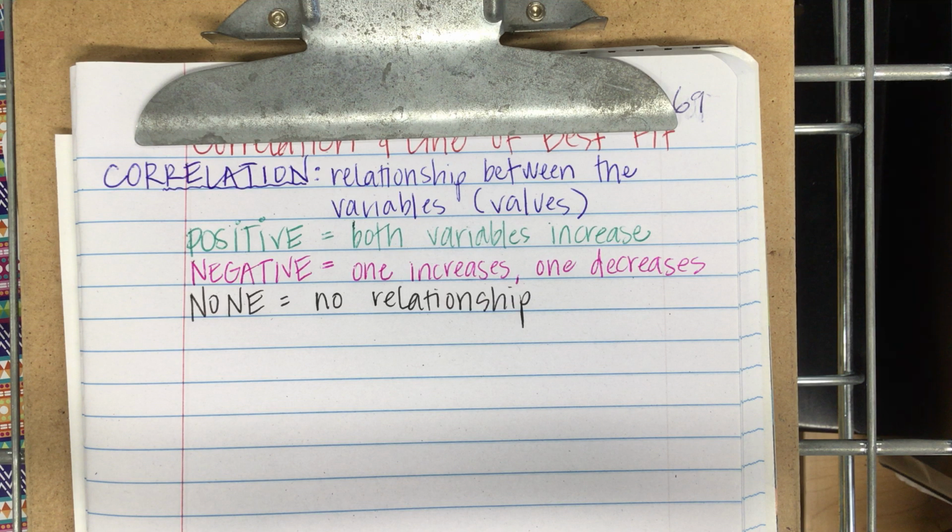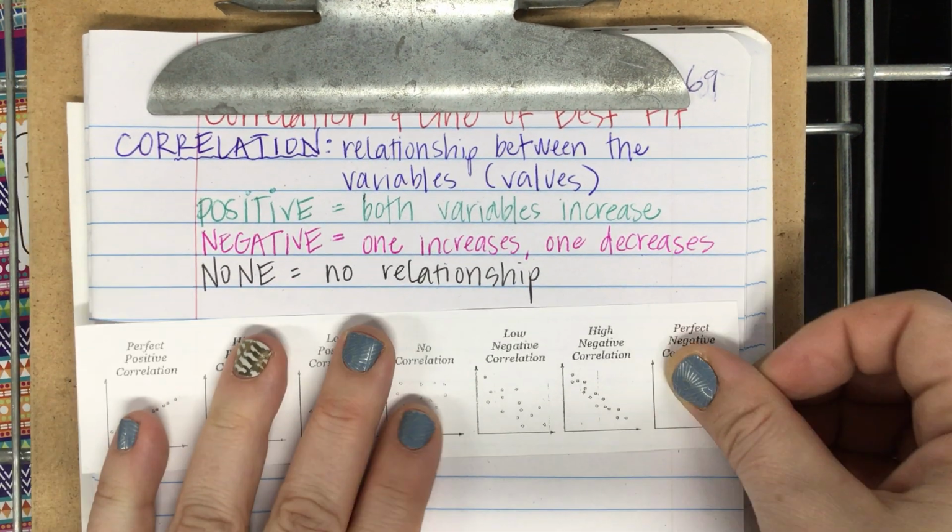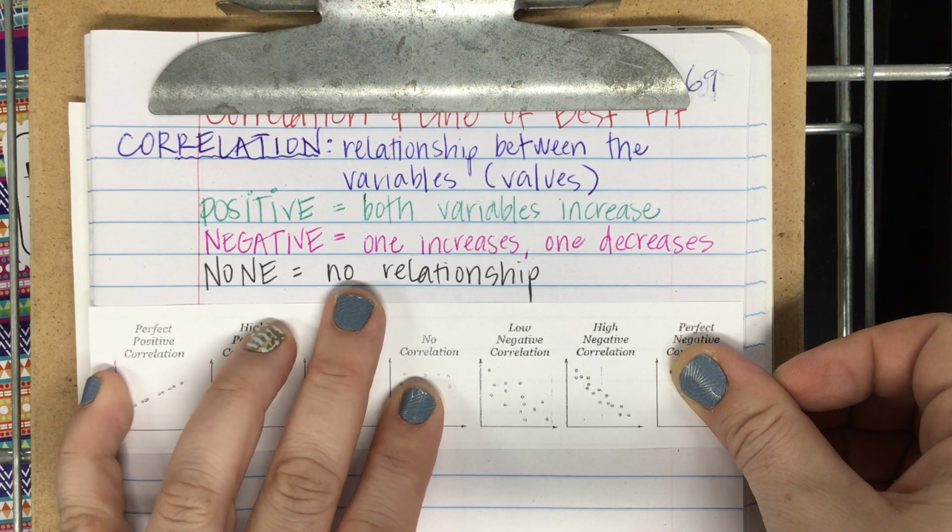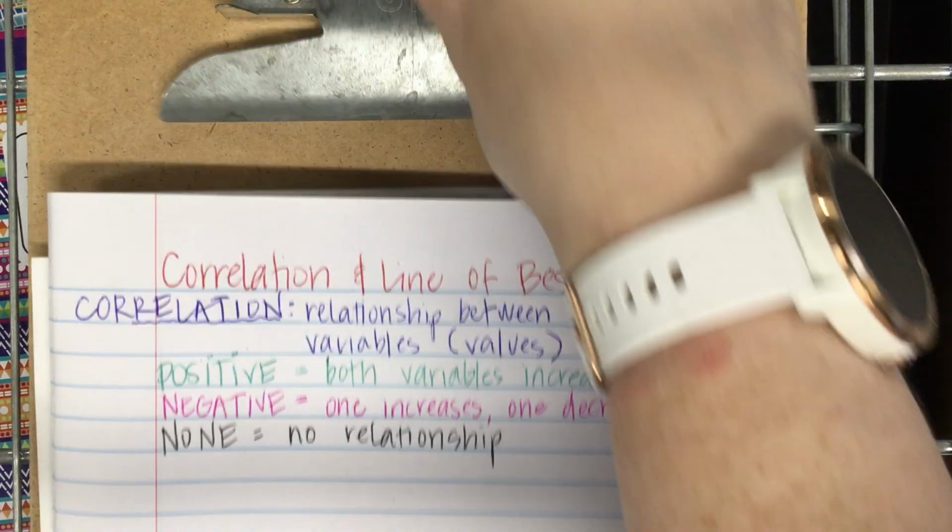You should have a little piece of paper that shows pictures of these relationships. It's going to just perfectly fit.